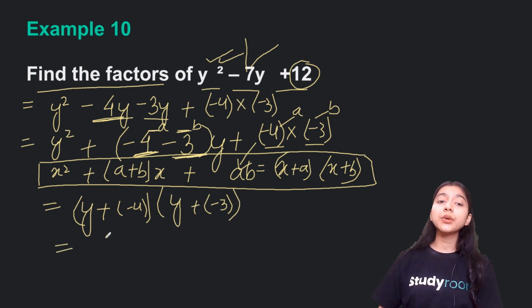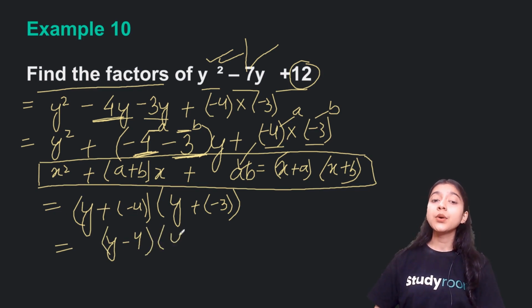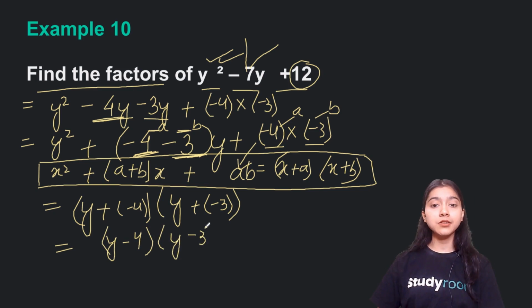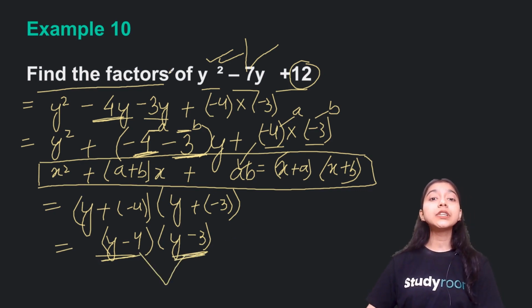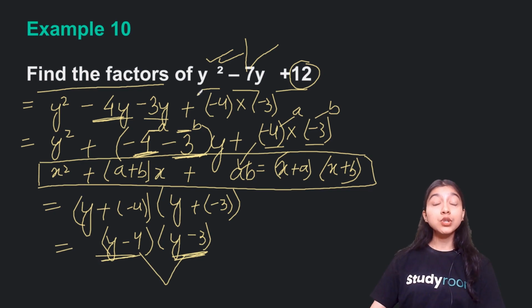So ultimately what we'll get is y minus 4, because when the bracket opens plus minus becomes minus. Again in the similar way we'll have y minus of 3. So from here we can say that y minus 4 and y minus 3 are the factors of the given algebraic expression. So in this question we use the identity number 4.